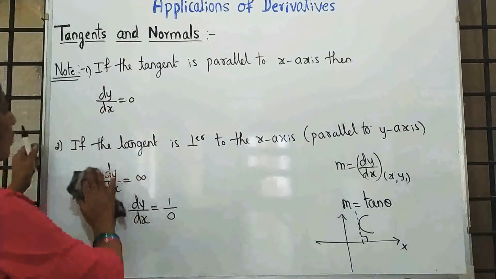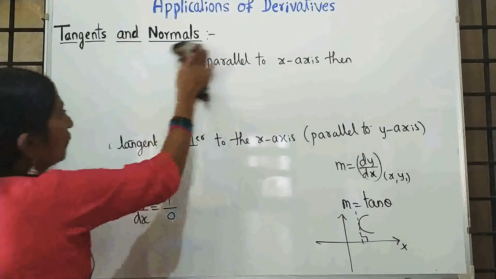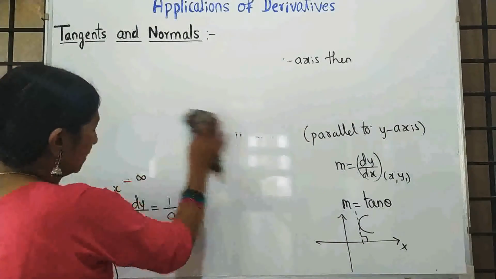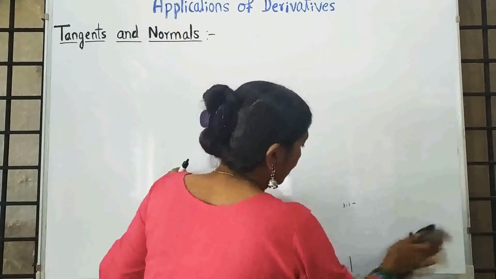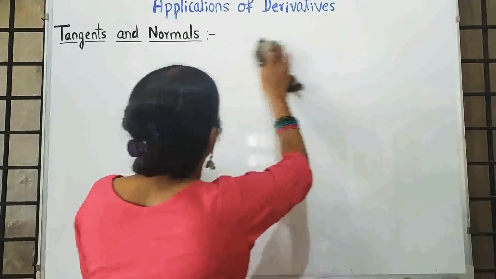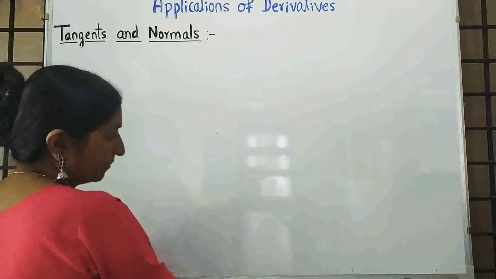Now I am going to the examples. I am mixing all worked examples as well as exercise 6.3. First I will give all the examples related with the slope.